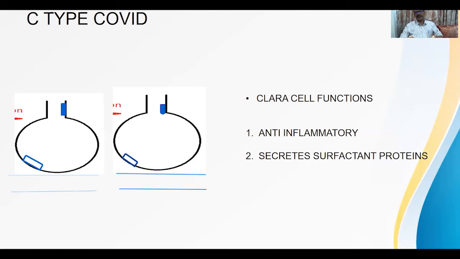This has been beautifully seen in many experiments, the inverse relationship with mast cell activity. If Clara cells are less, mast cell activity goes up. So Clara cells are very central in managing the pro-inflammatory and anti-inflammatory balance. Clara cell goes down, anti-inflammatory goes down, pro-inflammatory goes up.